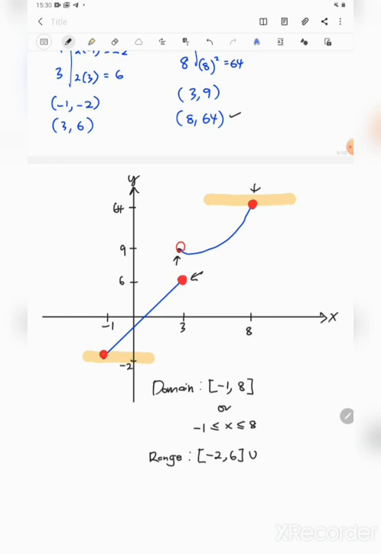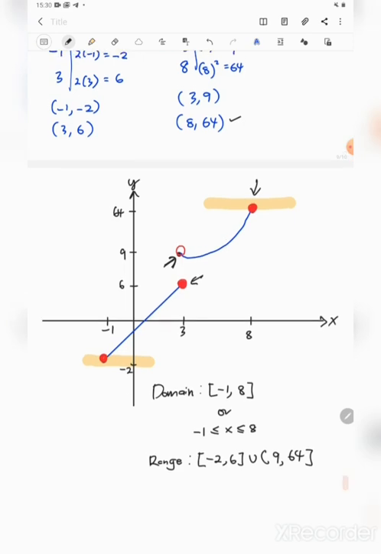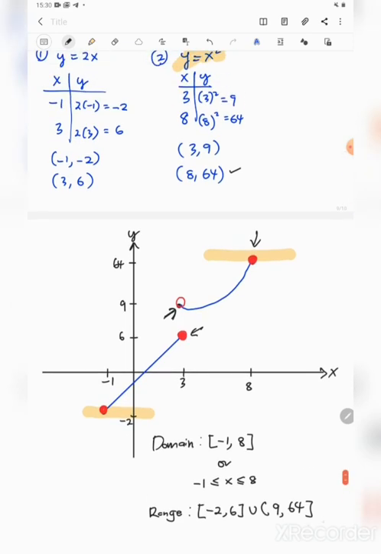Continue with this one. With this one we have open, so open bracket, and then the point is 9, until here we have 64. We have a square bracket. So this is the answer for the domain and range.